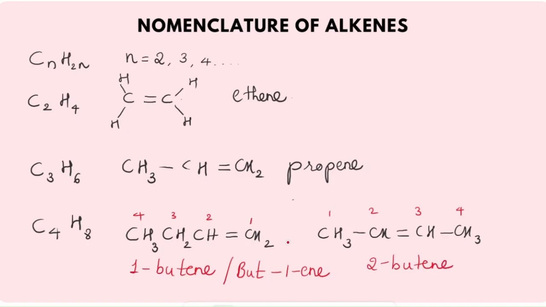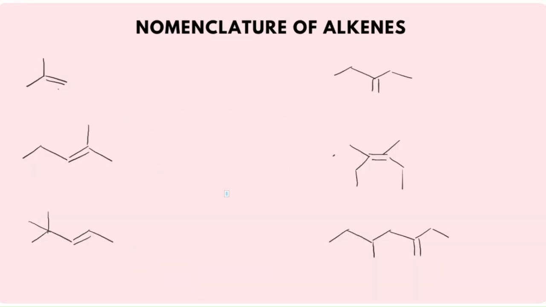These are some of the alkenes with no substituents on them. Now, let's solve some more examples with substituents on the longest chain. Observe the given molecules. They are all substituted alkene molecules. For these molecules, first you identify the longest continuous carbon chain containing the carbon-carbon double bond.